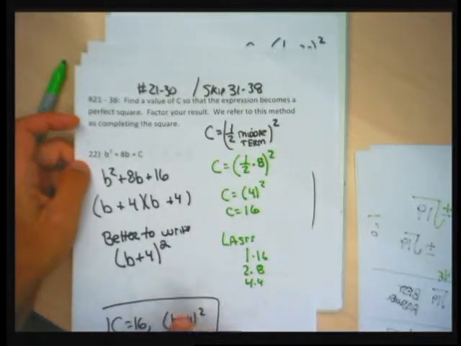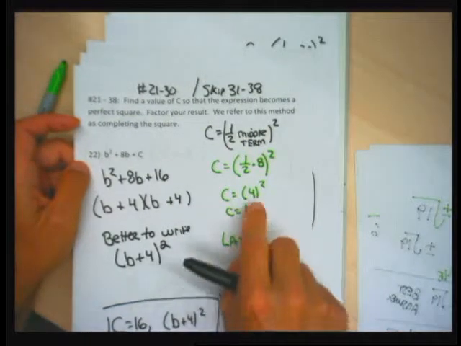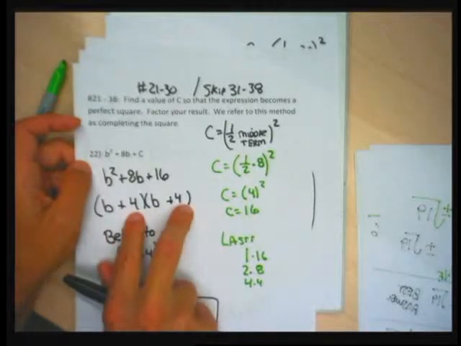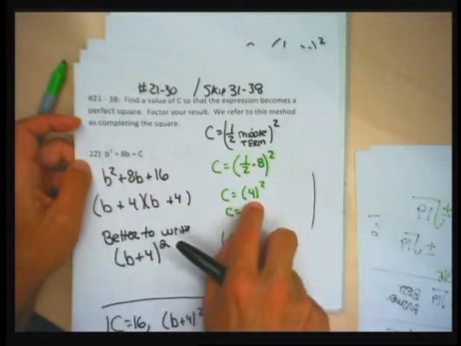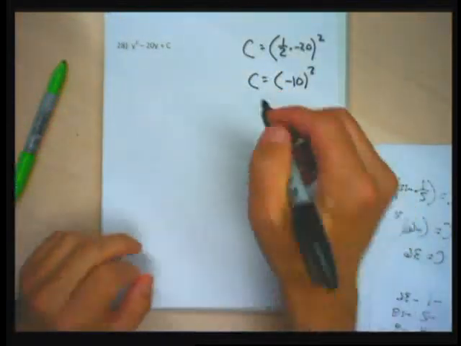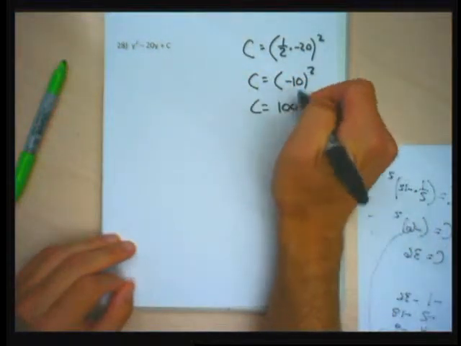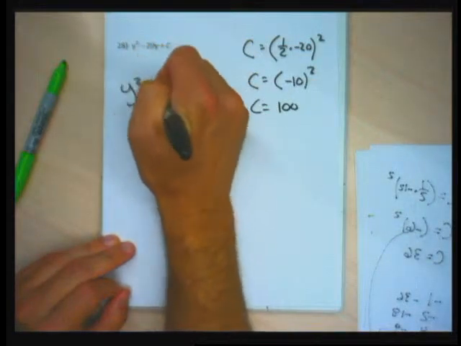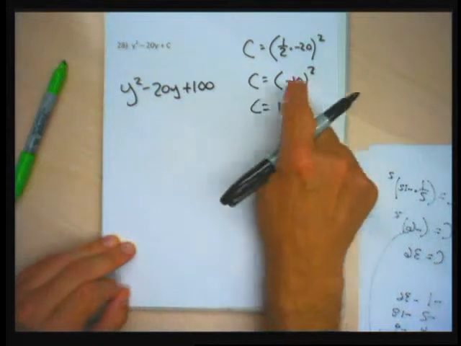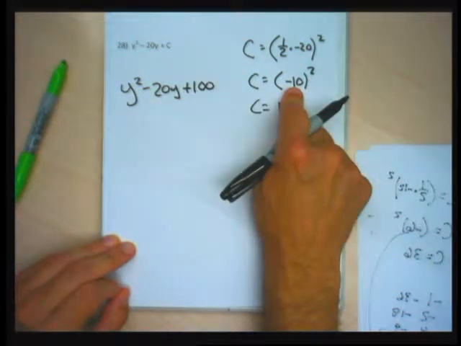So when you're doing this c, it's really constructive because it tells you the number that goes in the factoring, because each parentheses is going to get the same number, and it's going to be that number before you square it. So when I do this problem, I change it to y squared minus 20y plus 100, and then the minus 10 is going to go in the parentheses when I factor.